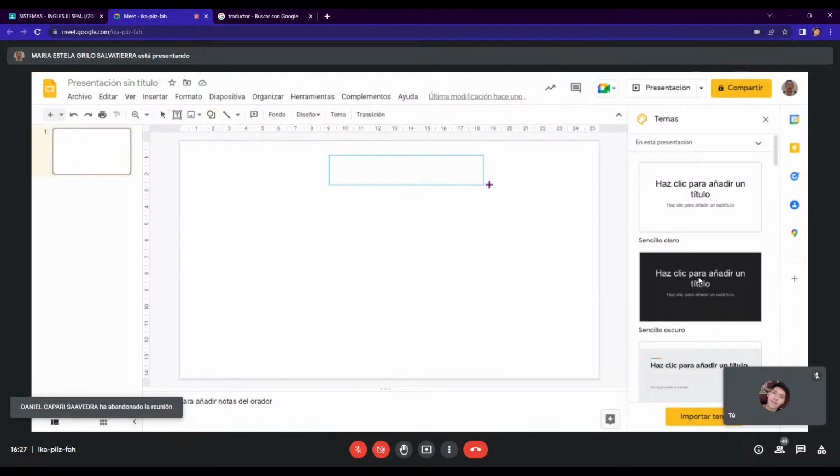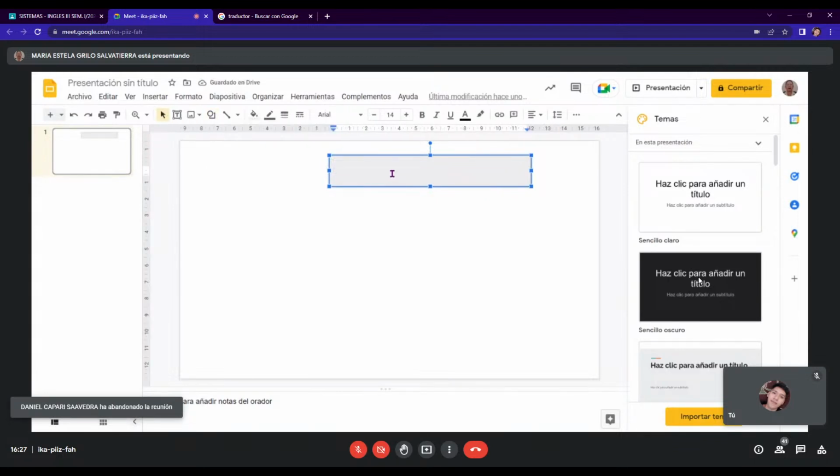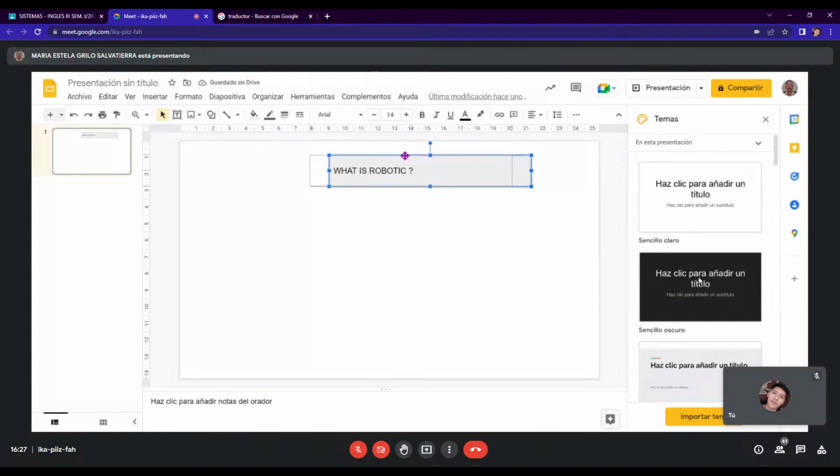The first one, we are going to talk about the concept of what is robotic. Maybe you can use boxes, you can use just some points to give the concepts of robotics.